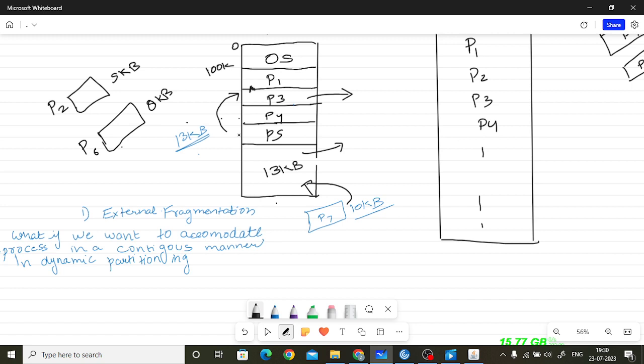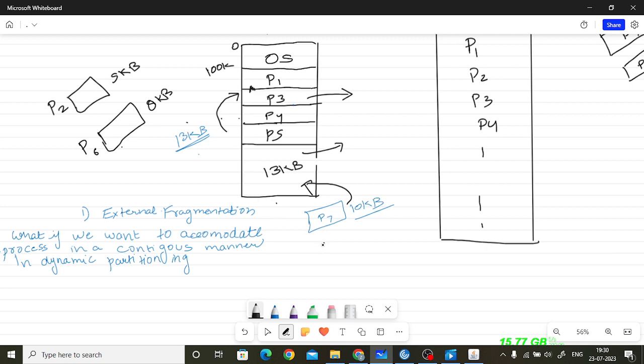this method also has a disadvantage. What is that? In the time of copying or shifting the process, in that time we can't perform any operation. Okay, we can't perform any operation meanwhile, because our processor is busy in shifting the process in a memory.